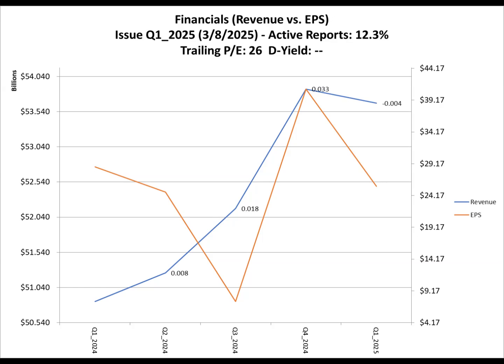Financial sub-industries. Life and health insurance. Property and casualty insurance. Consumer finance. Multi-line insurance. Asset management and custody banks. Insurance brokers. Diversified banks.